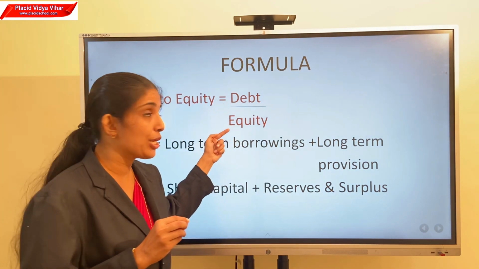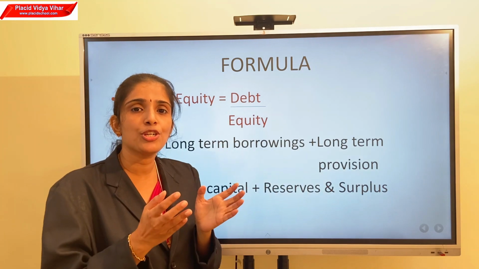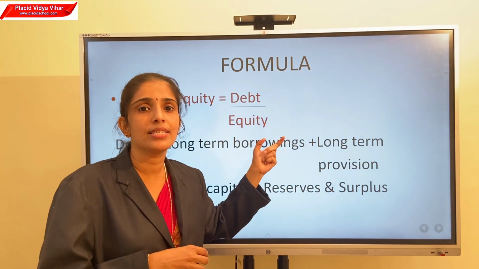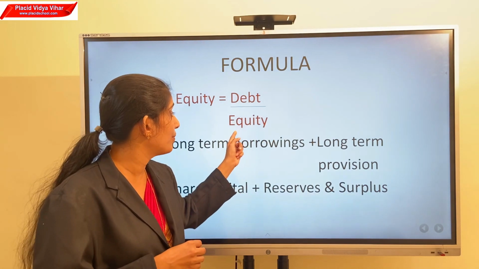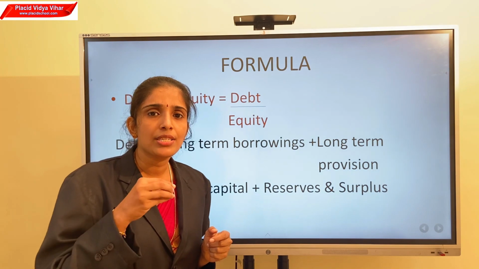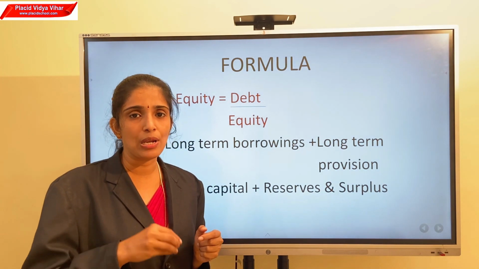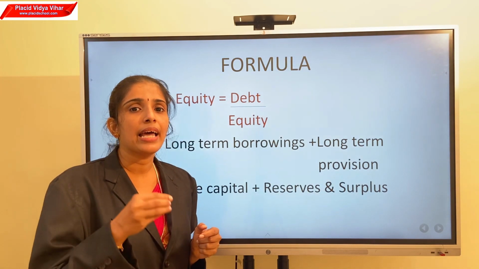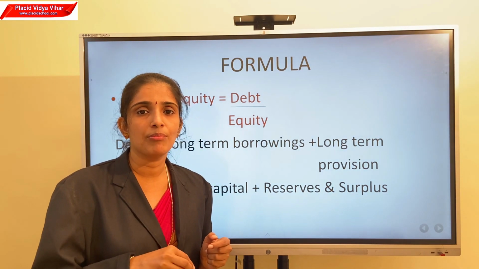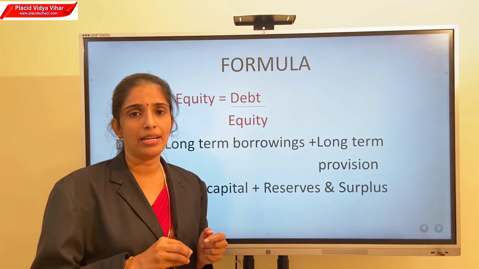Because in debt to equity, if it is a higher ratio, the debt value will increase. That means the outsiders' liability will increase compared to the insiders' or the shareholders' fund. In the case of a low debt to equity ratio, the insiders' or shareholders' fund is more invested in that company than the outsiders' fund.